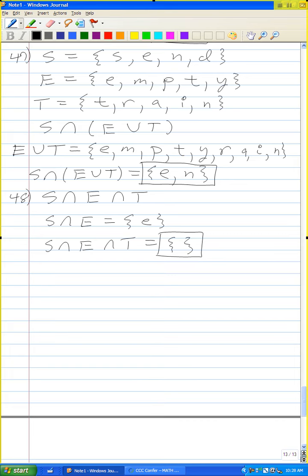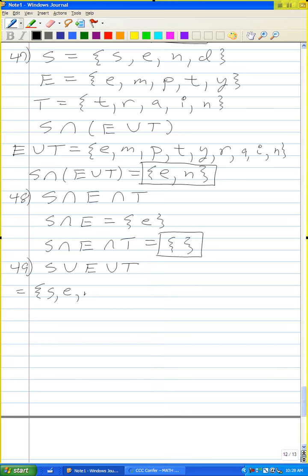49. S union E union T. And again, you should do left to right. It really doesn't matter. So what's in S?